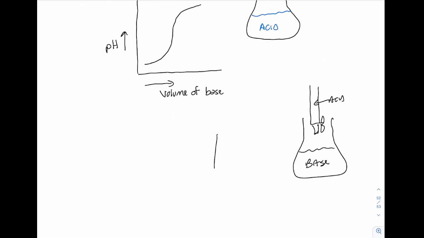This time, again, pH is on the y-axis. This time, volume of acid. It's always titrant here, so acid is my titrant. Because I'm starting out with a base, we're going to actually start out with a large pH. And then as we add acid to it, our pH is going to drop down. I just want to draw that a little nicer. So it could go either way.